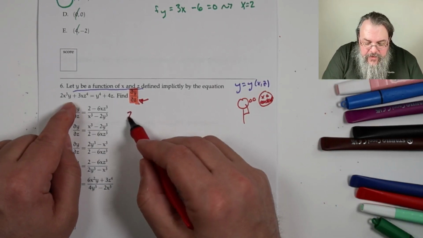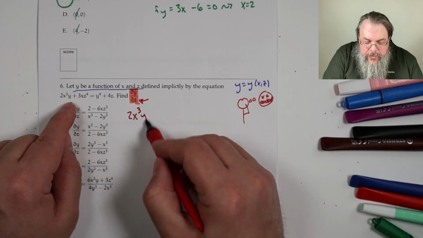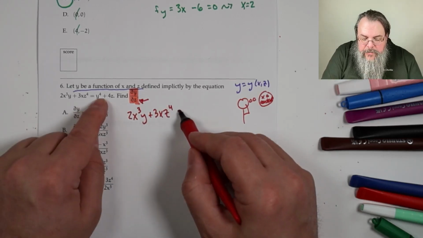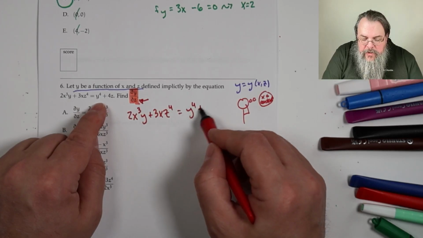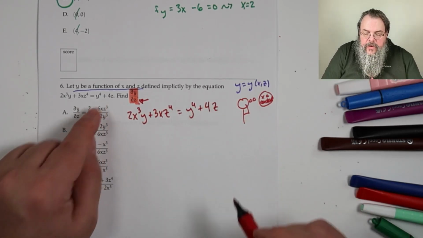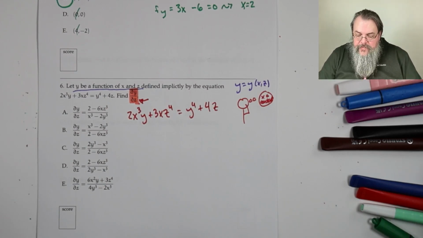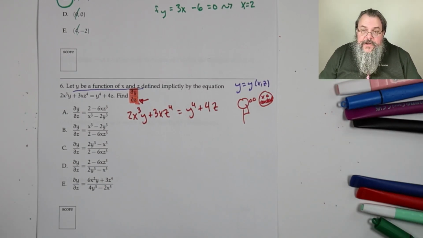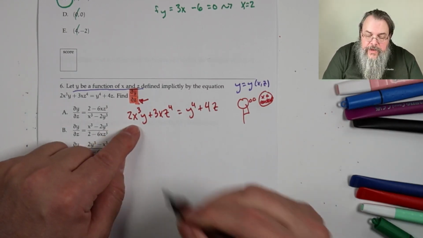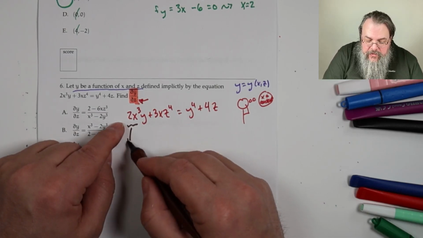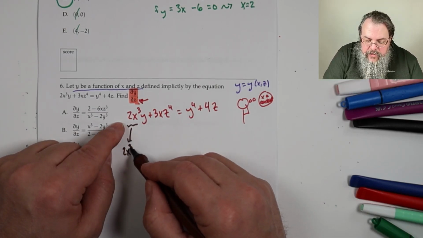So here we go. We have the two sides, and I'm going to write them again: 2x cubed y plus 3x z to the fourth equals y to the fourth plus 4z. Taking the derivative with respect to z, step by step, very carefully. The 2x cubed is a constant, so this will come down as 2x cubed.